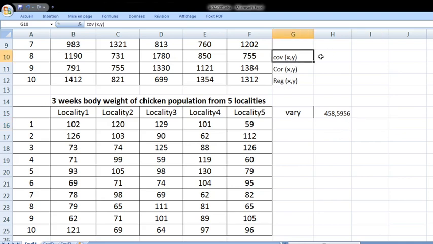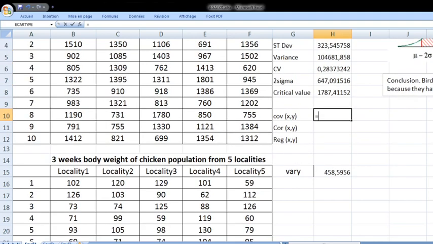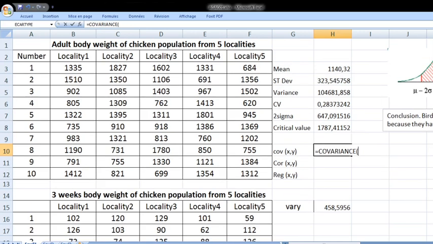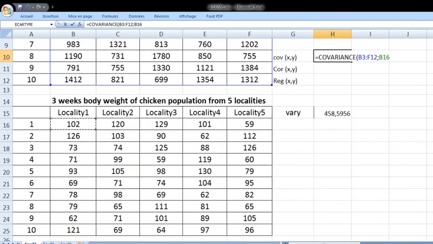Now the covariance x and y will be equal to, let's have it, function covariance, and then I'll select the first data range, that is the adult body weight, column F12, and then to select the second data range, that is the second variable or parameter, I will use a semicolon, and then beginning of the data range, and then the last.